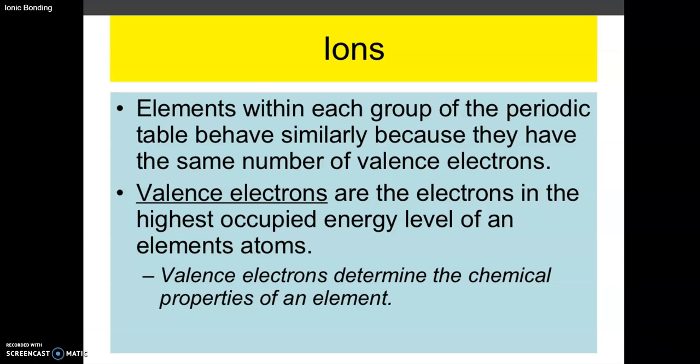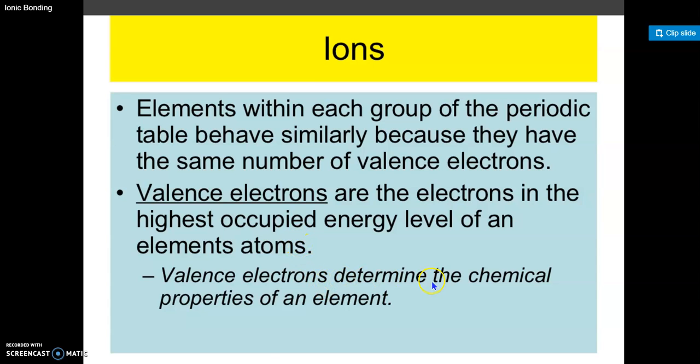Now firstly we see what ions are. Elements within each group of the periodic table behave similarly because they have the same number of valence shell electrons. So first we discuss what is meant by valence shell electrons. Valence shell electrons are the electrons in the highest occupied energy level of an element or atom.